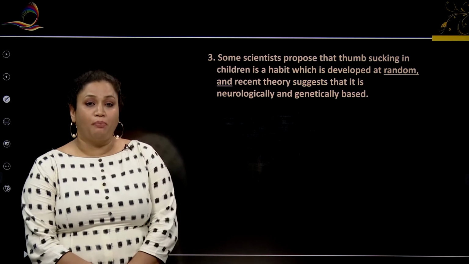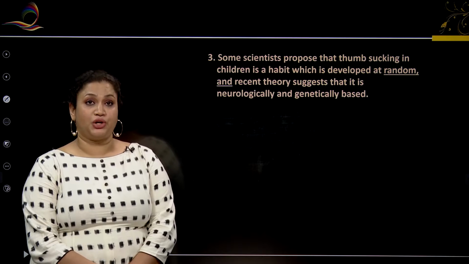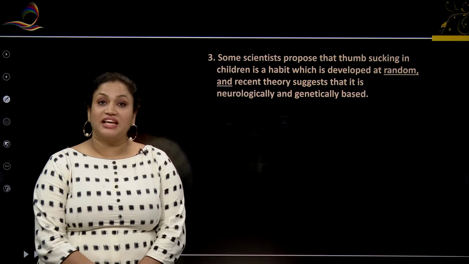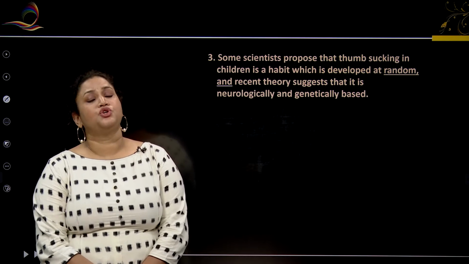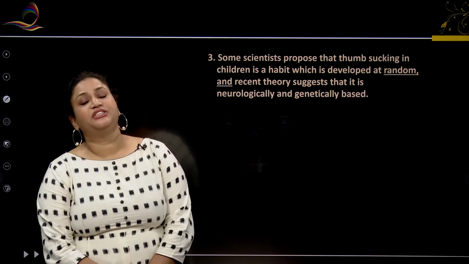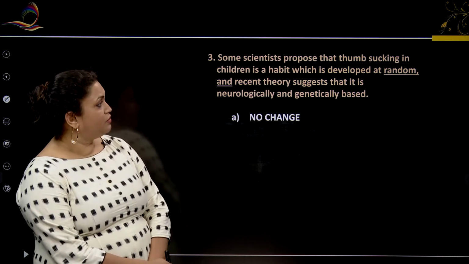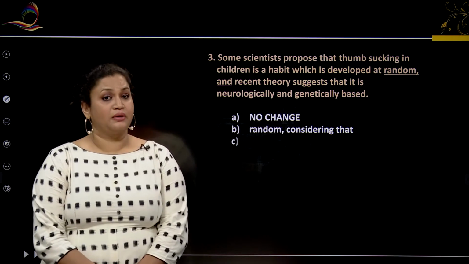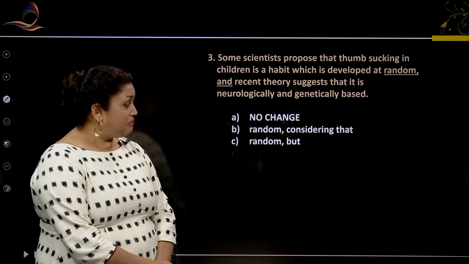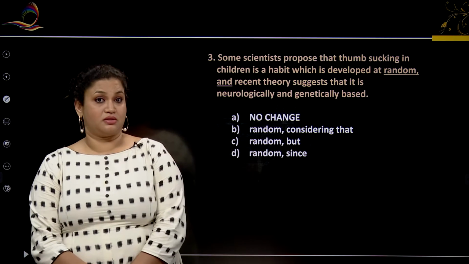Some scientists propose that thumb sucking in children is a habit which is developed at random, and recent theory suggests that it is neurologically and genetically based. Let's check. No change. Random, considering that. C, random but. Random since.